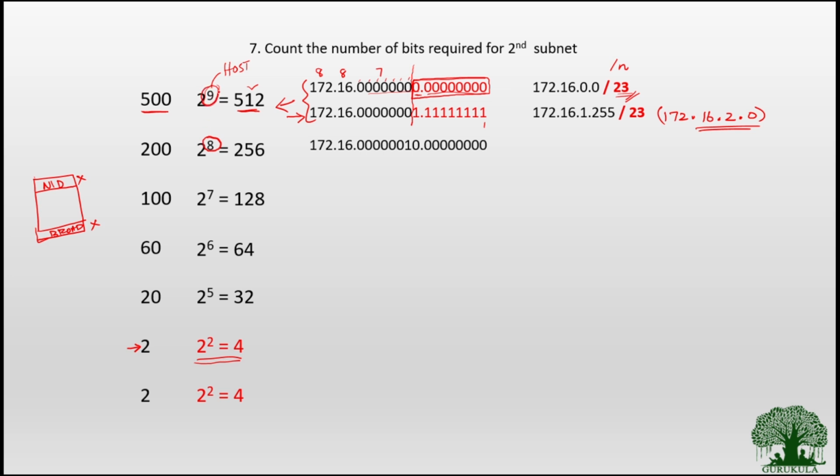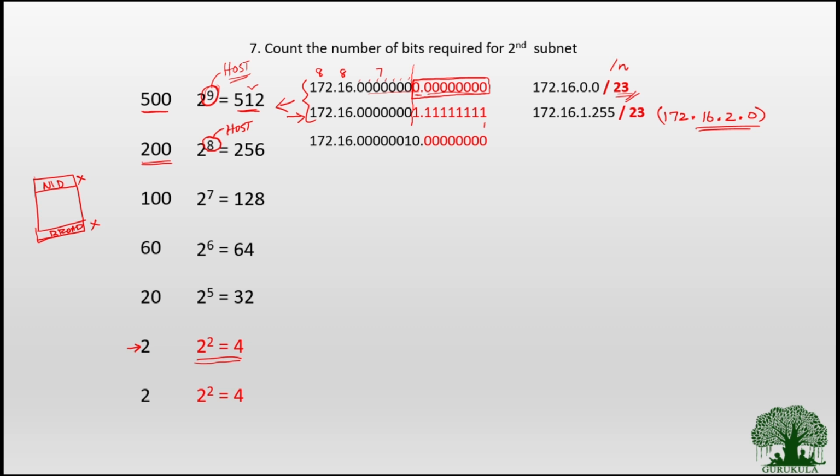Now the number of bits required for the host part is varying. Earlier we required 9 bits for representing the host, but now only 8 bits are enough. So I will highlight only the 8 bits, because I am going to connect only 200 hosts.